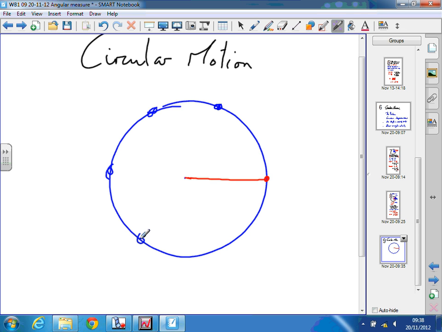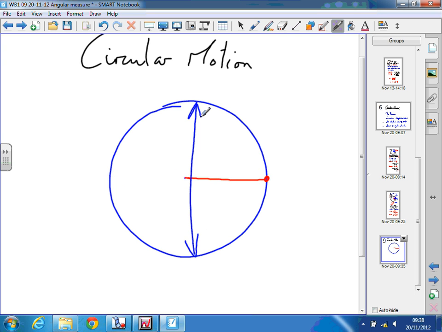Then there's a relationship between how far it's gone round in this circle, but also how far it's moved, say, in this direction, or less commonly in the x direction. We're more often interested in how far this dot has moved in this y plane.